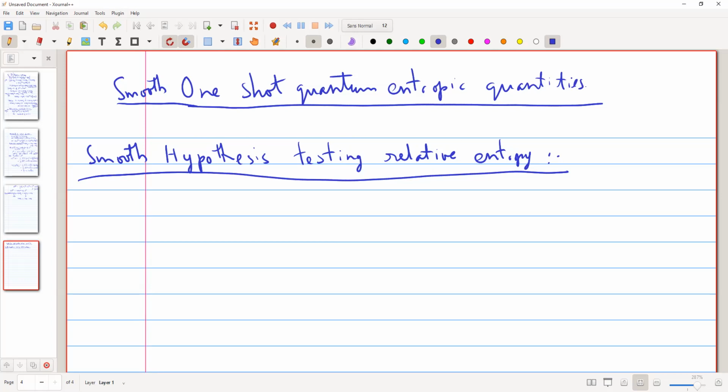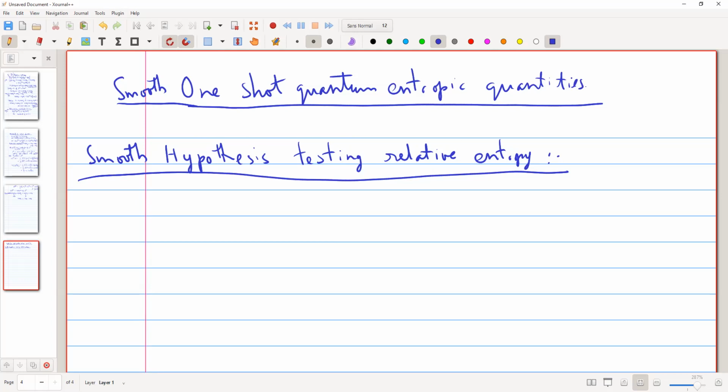Okay. And then in the middle, when alpha is equal to 1, we never talk of the smooth version of that. When alpha is equal to 1, that was the Shannon relative entropy. So we have defined the Shannon relative entropy quantumly already. So we just have to define the other 2 ends.